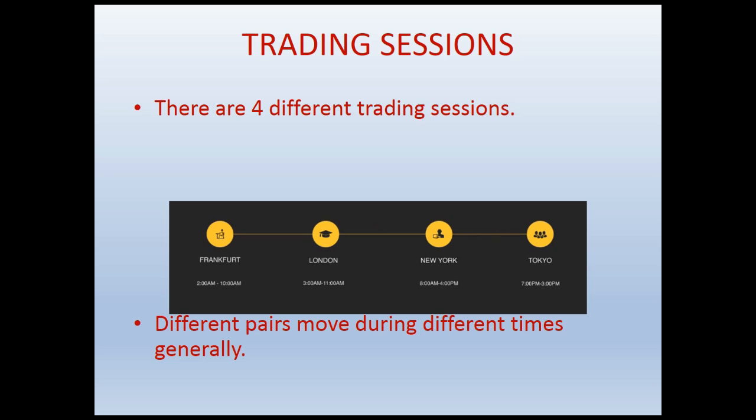So different pairs move during different times generally. If you are going to trade GBP JPY, for instance, do your research and understand whether GBP JPY moves better in the London session or New York session, and also know which sessions are consolidating sessions and which sessions the market generally moves more on.